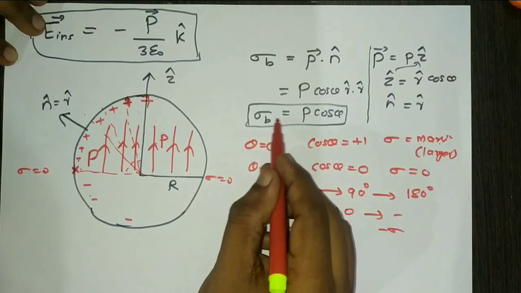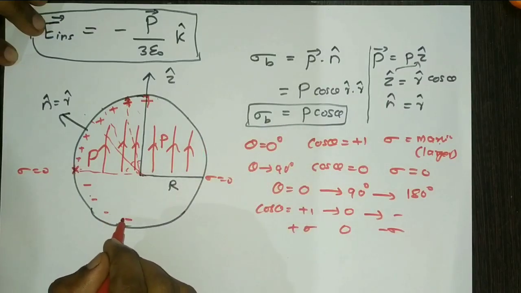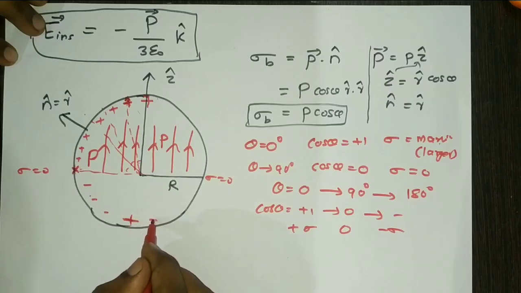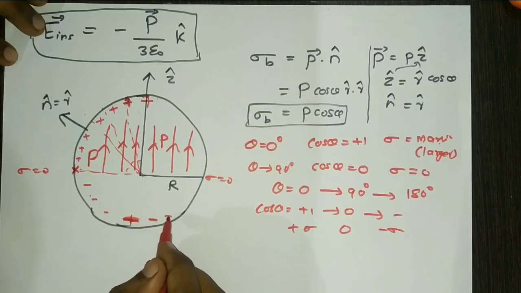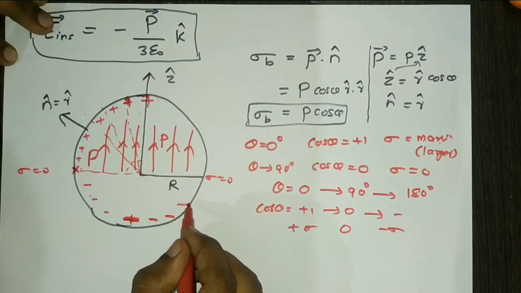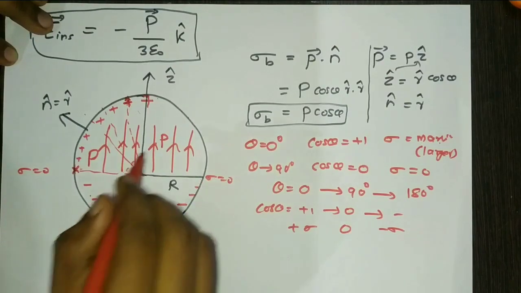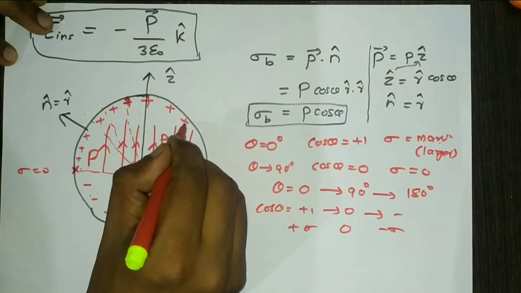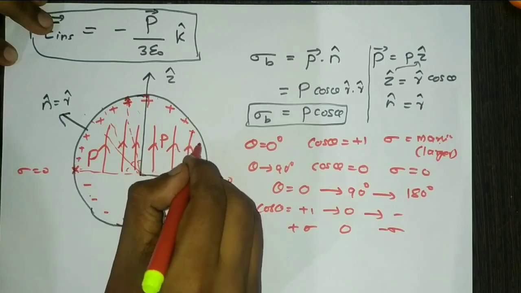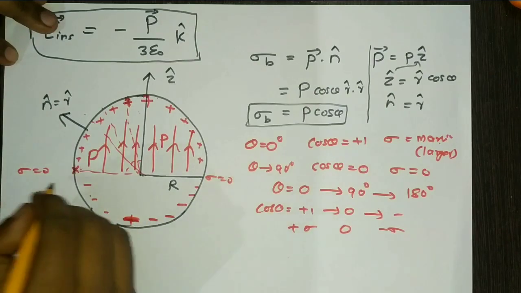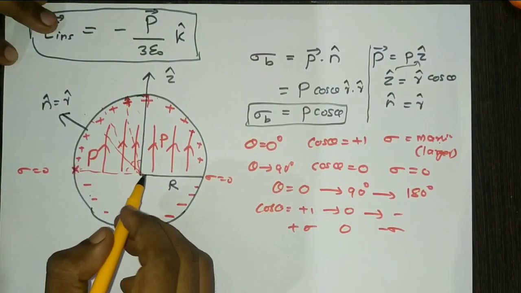Once it is negative, sigma will be negative charge, and its strength increases. Here it will be plus sigma, and here the negative charge amount will be larger, then smaller, smaller, down to 0. Here also on the side plus will be larger, then it goes smaller, smaller. So the 0 is at the equator.